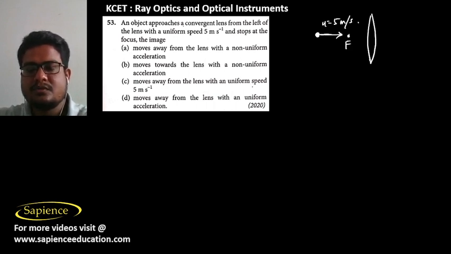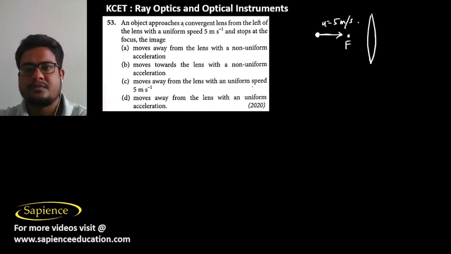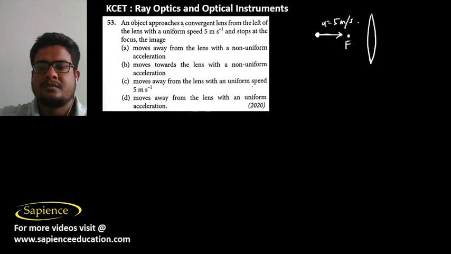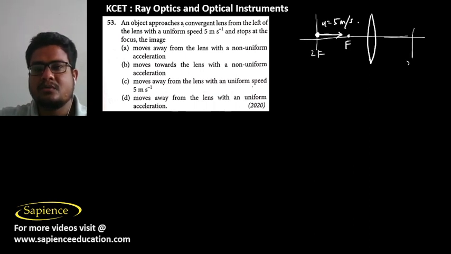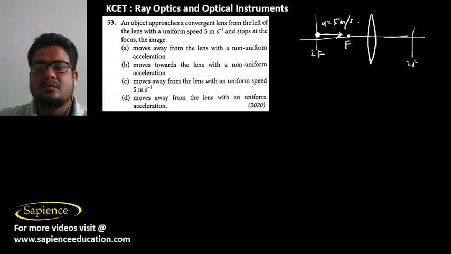So when it moves towards the focus, as we know that when the object is at 2f, then the image is also formed at 2f on the other side, and when it slowly moves and is in between f and 2f, then the image is formed beyond 2f.